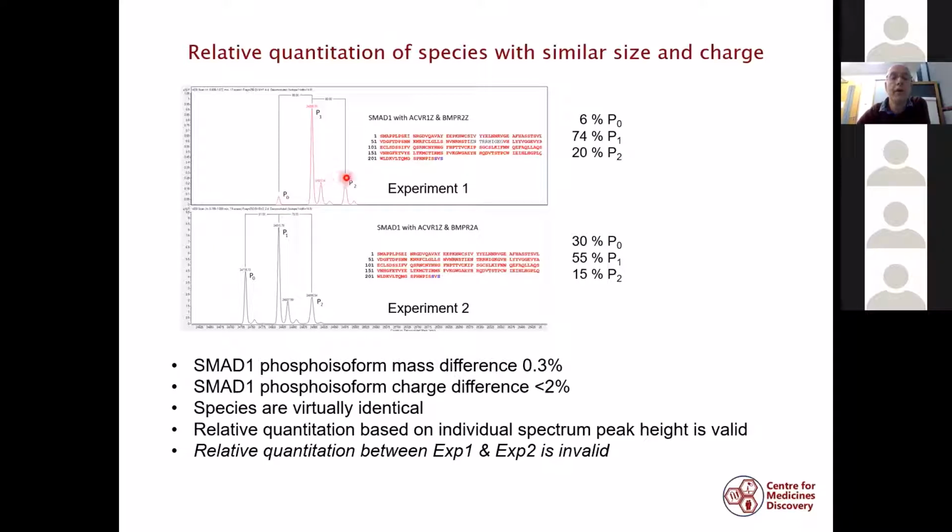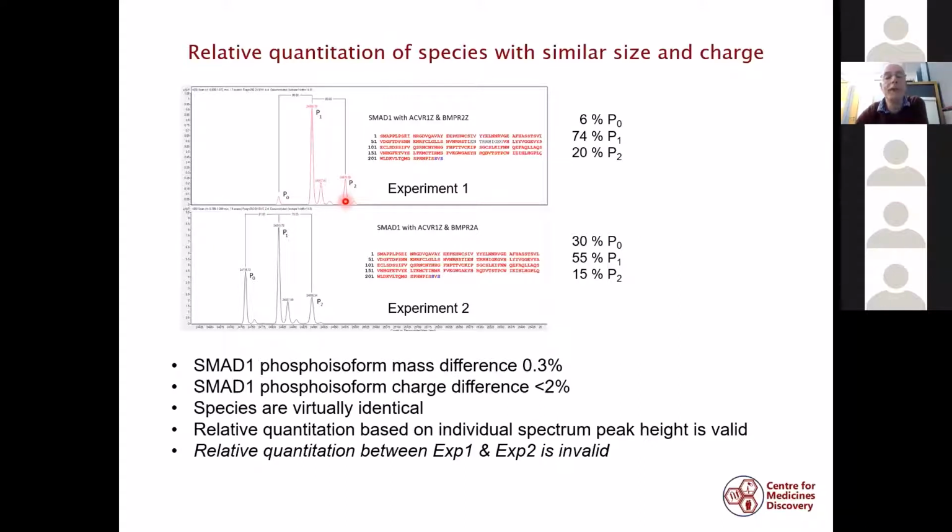And the differences between these 3 species are actually extremely small. The difference in mass between those 3 species is only 0.3%. The difference in charge between these species, you can't see this from this data, but the difference in charge is only 2%. So these 3 species are almost identical.